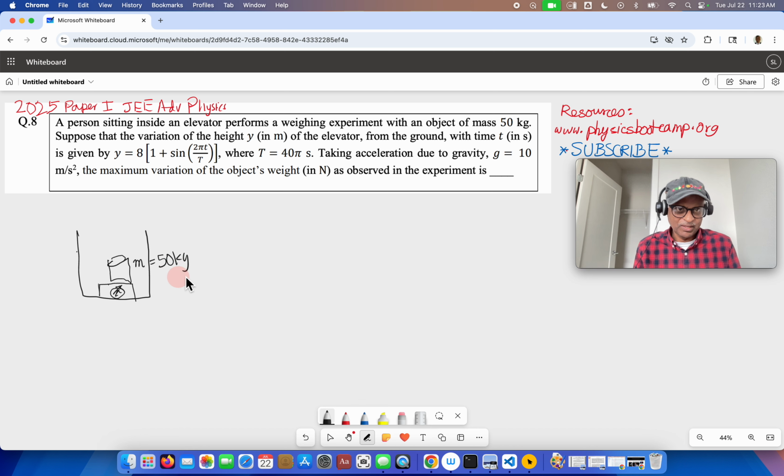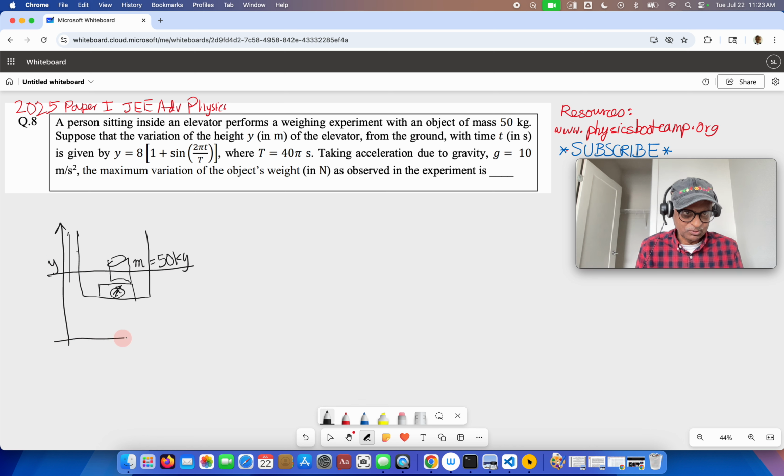So I suppose this whole elevator is going up or down. If you look at everything has the same position, let's call this the position y, and this is y equal to 0, and this is y of t for this block. Let's call the center of mass of the block, okay?